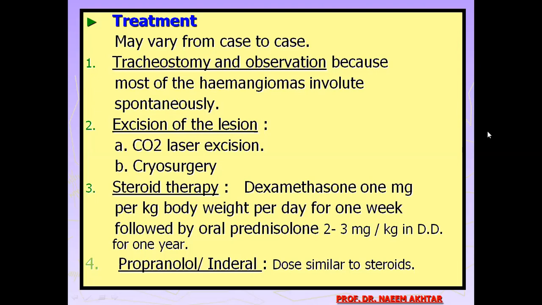Similarly, steroid therapy may be advised to the patient. For example, dexamethasone 1 milligram per kg body weight per day for 1 week, followed by oral prednisolone 2 to 3 milligram per kg in divided doses for 1 year. Similarly, propranolol may be prescribed. The dose is similar to the steroids.